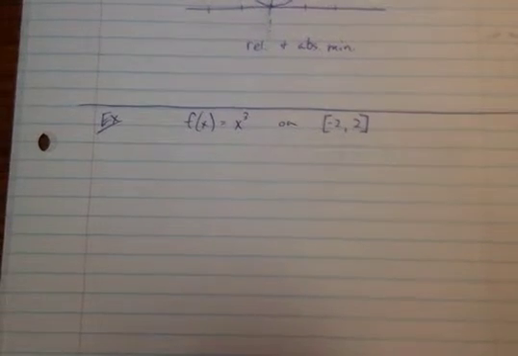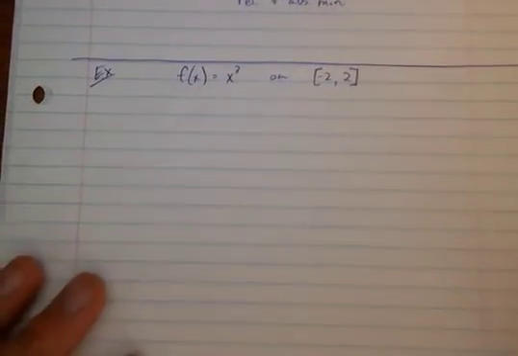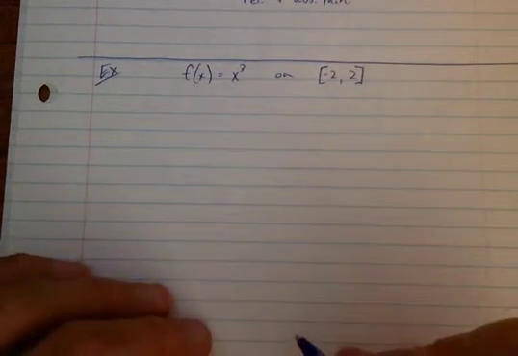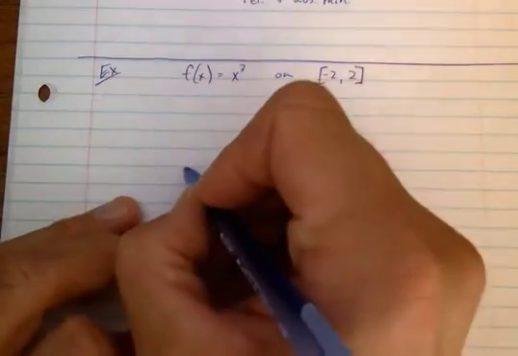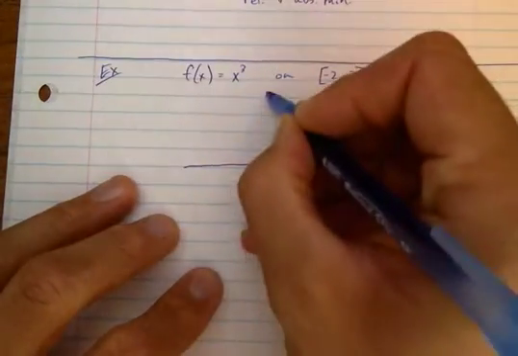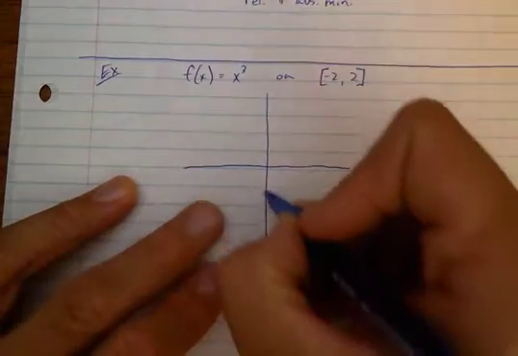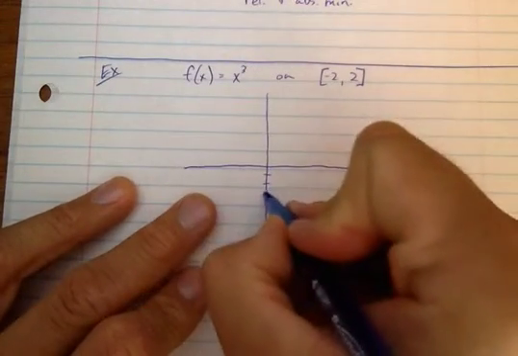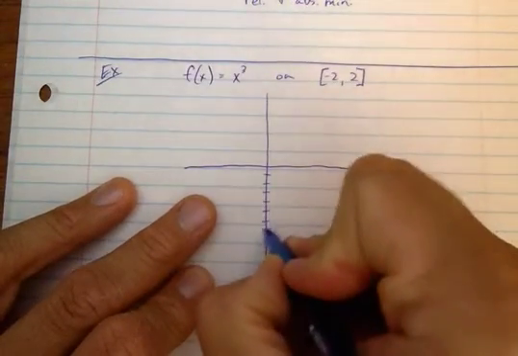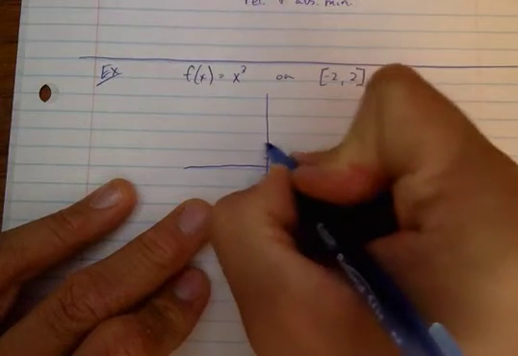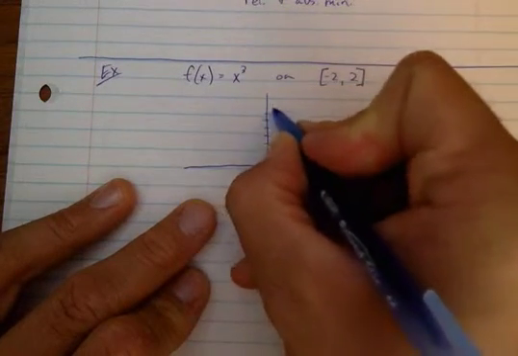So let's see here. f of x equals x cubed. This is going to be an interesting one. On -2 to 2. So I'm going to graph this out. Let's do 1, 2, 3, 4, 5, 6, 7, 8. 1, 2, 3, 4, 5, 6, 7, 8.